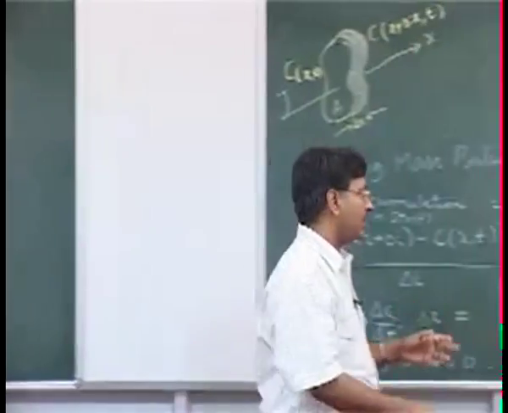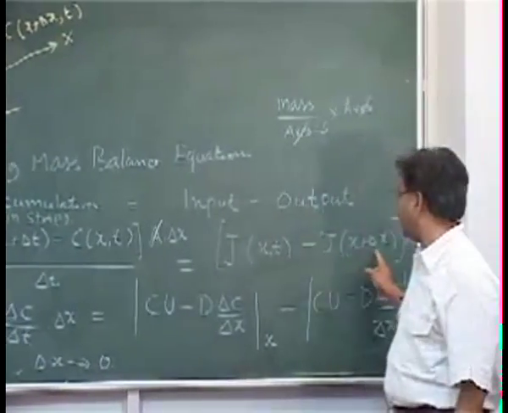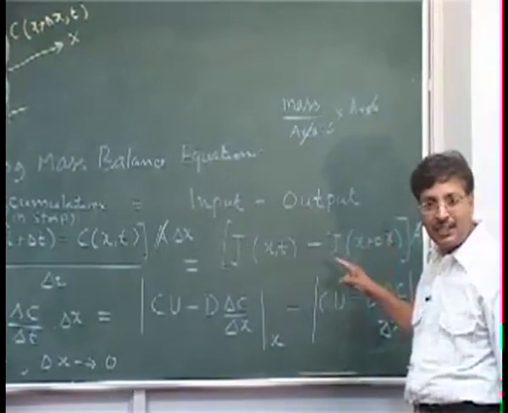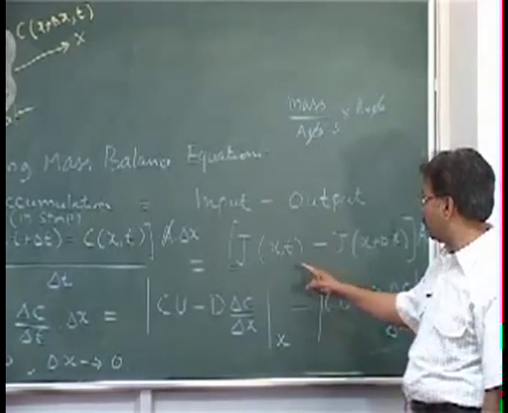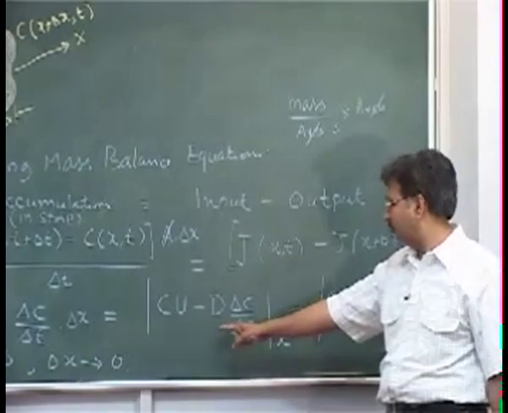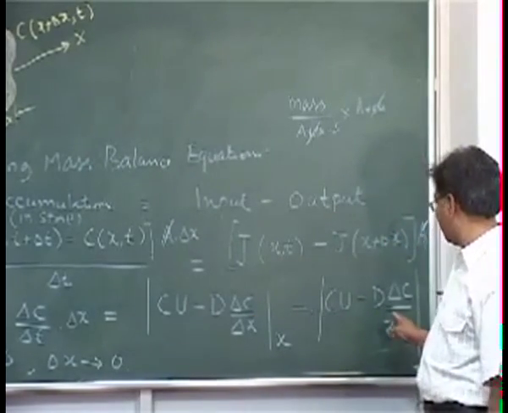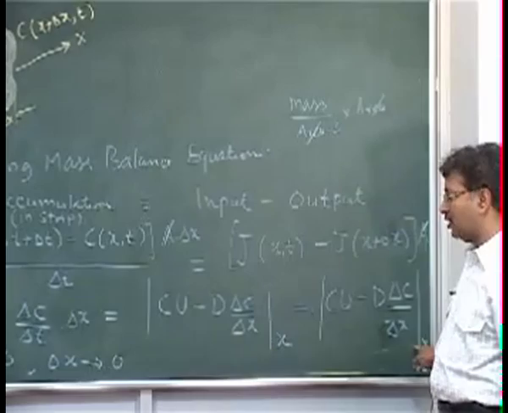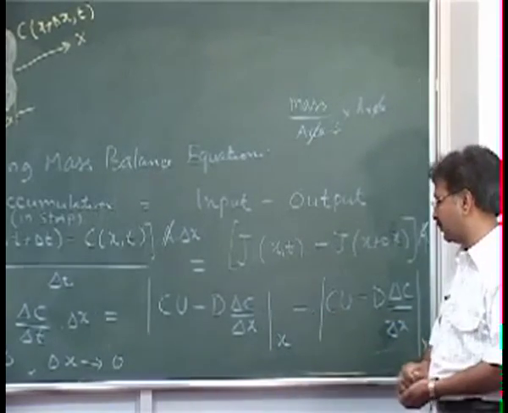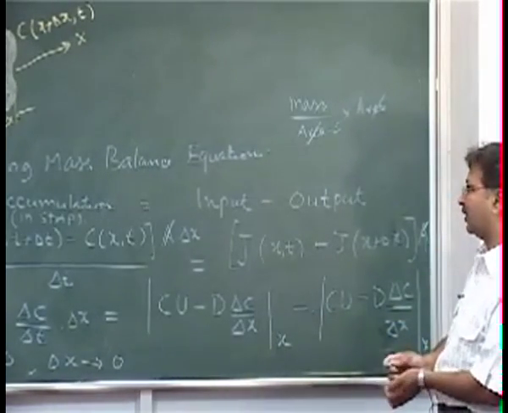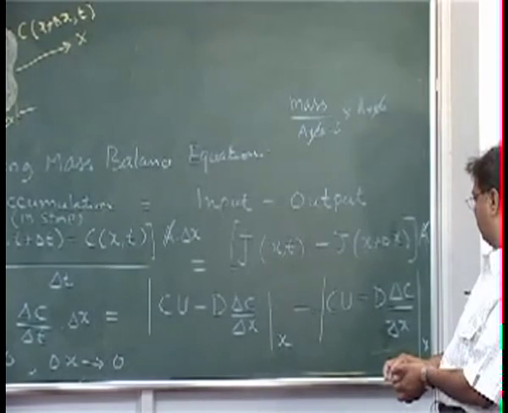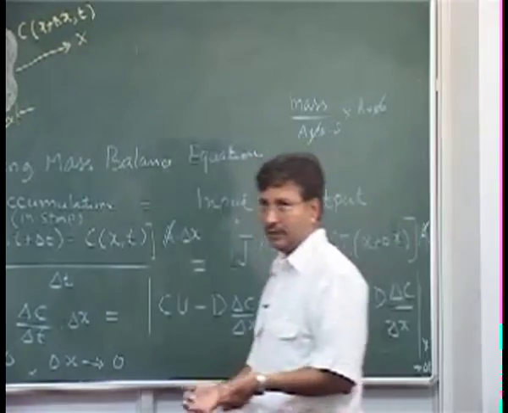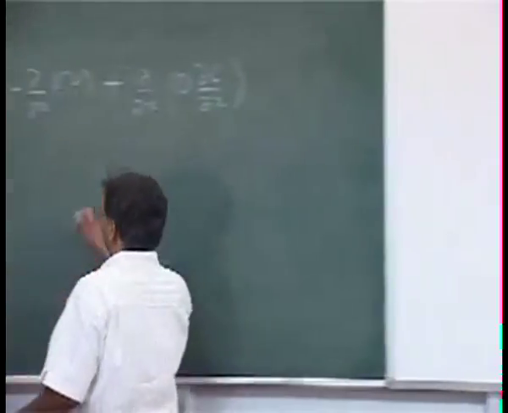For derivative, it is derivative at x plus delta x minus the concentration at x, whatever. But you see here, this term is plus. Okay, minus this, or have we got it the other way? We got the other way.